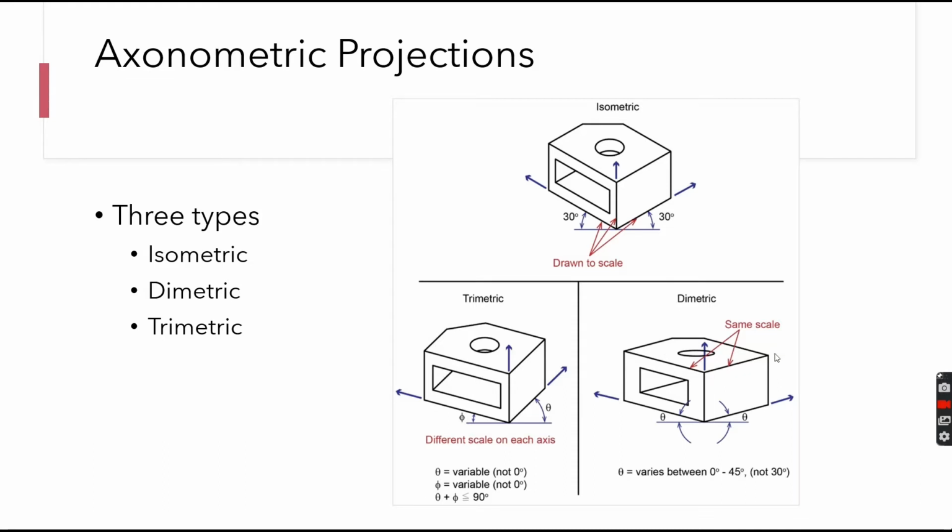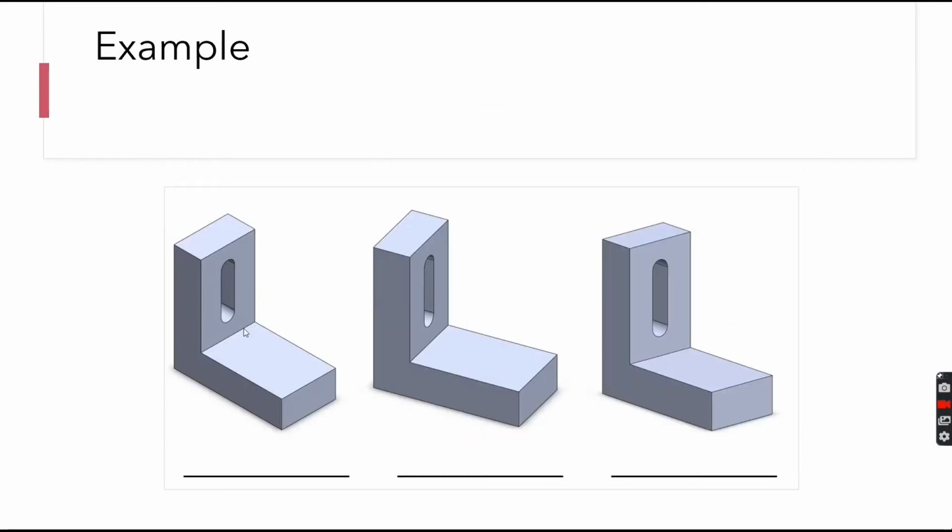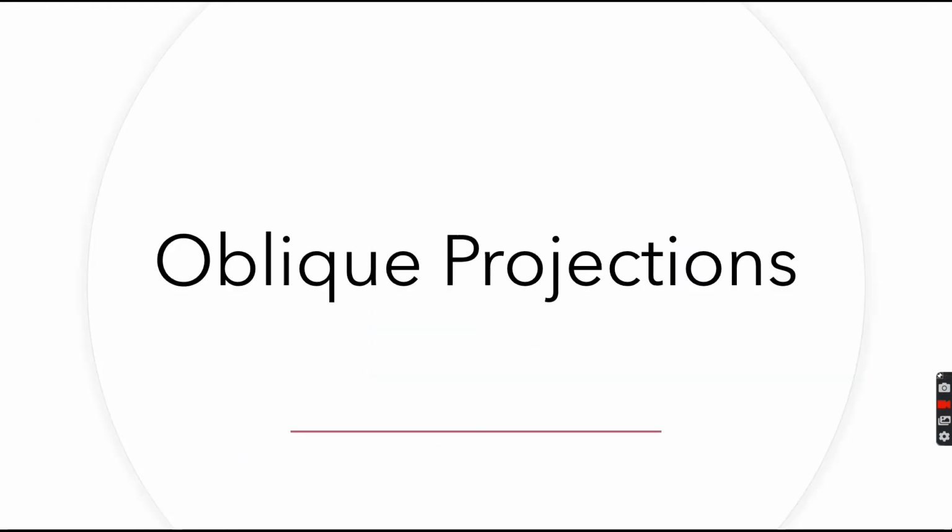They're not drawing the true length, but they are the same. So if we foreshorten this one a little bit, we'll do this one a little bit. We will not be doing any dimetric drawings. Here are some examples. Can you guess which is which? That's an isometric, trimetric, and dimetric.